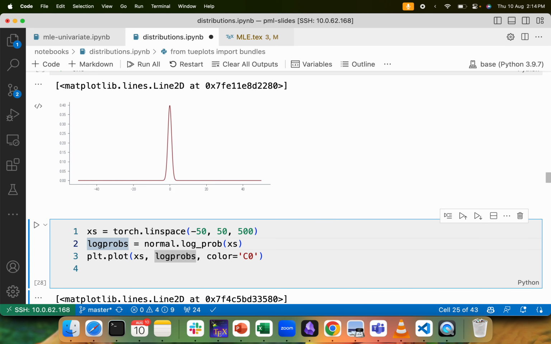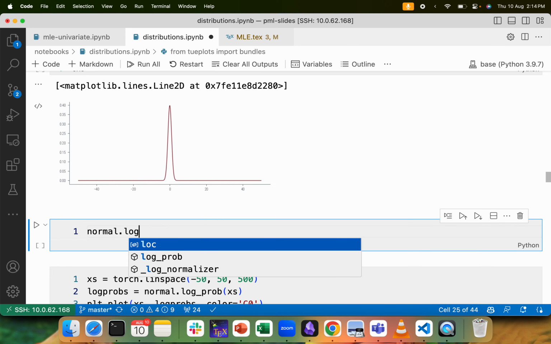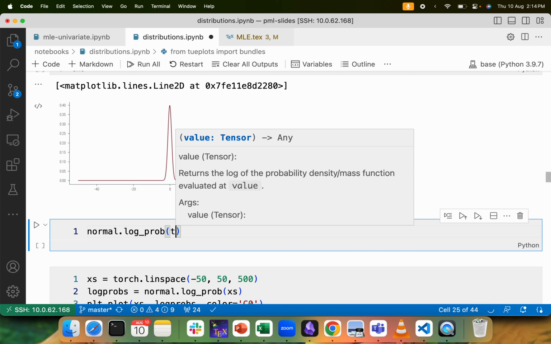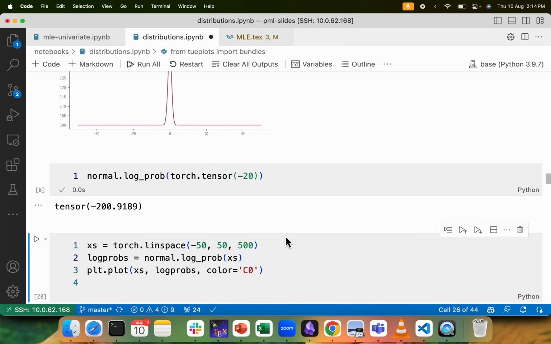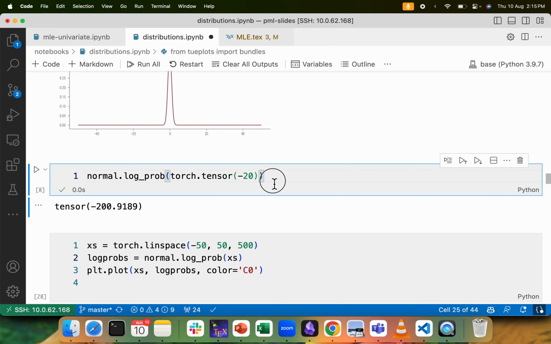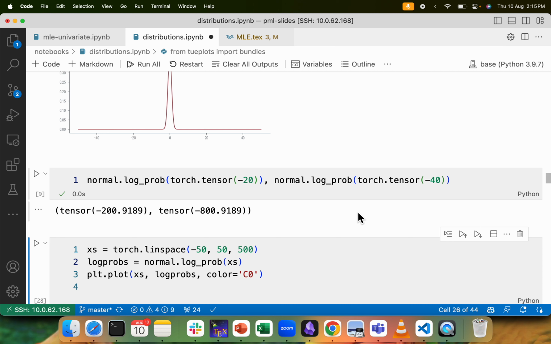If you want to doubly verify this, let's just do normal dot log prob of minus 20 versus minus 40. These two numbers are vastly different.